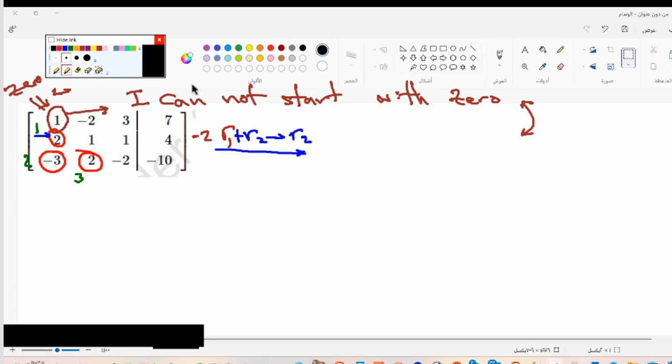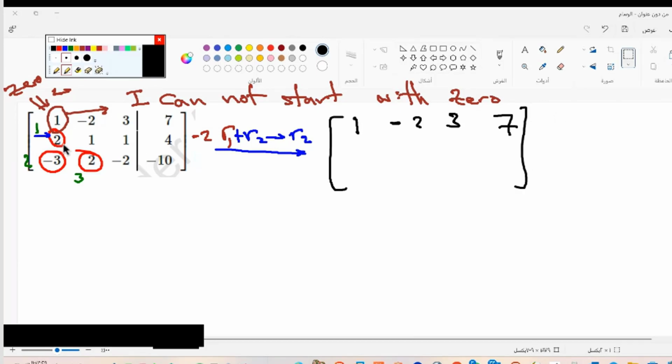Let's see the answer together. Working with R2, it is 1 minus 2, 3. Okay, no change. And here we have 7. You can keep this or cancel this, up to you.